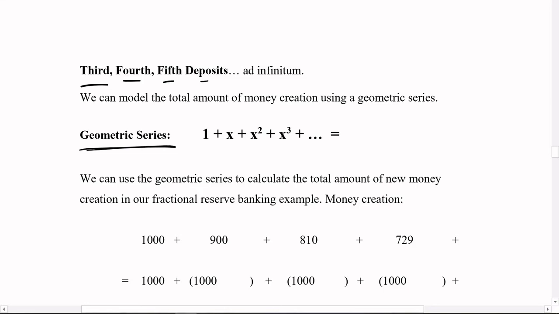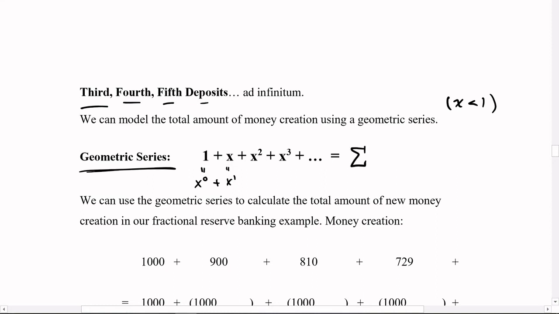And if you have a series of numbers that look like this, actually assuming that x is less than 1, if this goes on into infinity, we have 1, which is actually equal to x to the 0, plus x to the 1, plus x to the 2, plus x to the 3, x to the 4, so on and so forth.